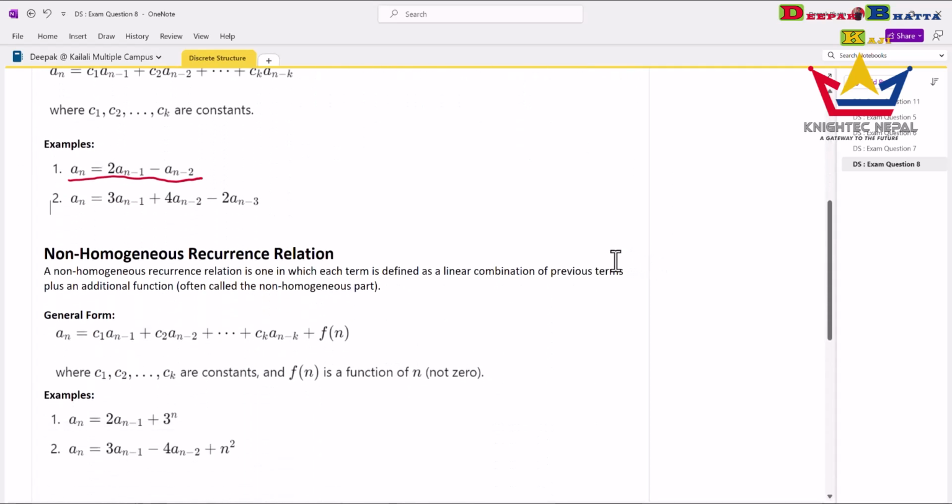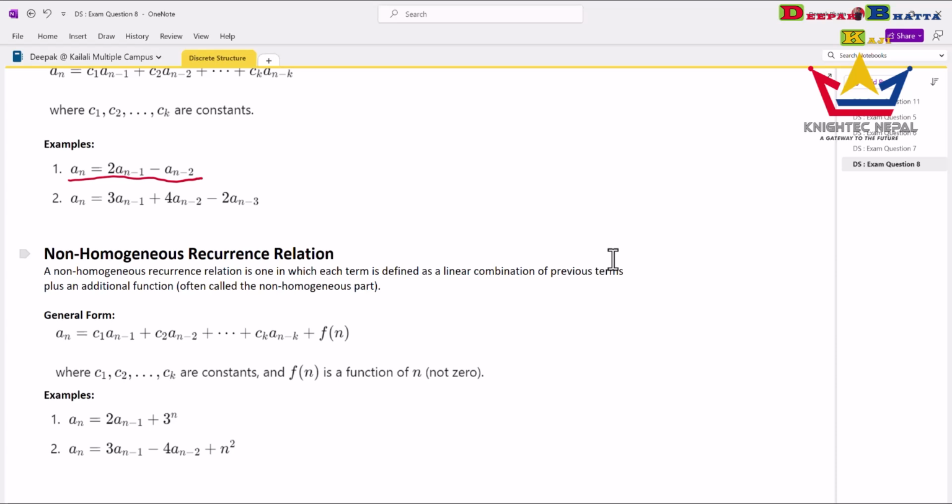So move on to the next part, that is the non-homogeneous recurrence relation. Here I am just discussing the homogeneous and non-homogeneous recurrence relation for the sake of understanding the given question easily. You need to be clear about which equation is homogeneous and which equation is non-homogeneous. First thing first, you need to separate whether the equation is a homogeneous or non-homogeneous recurrence relation.